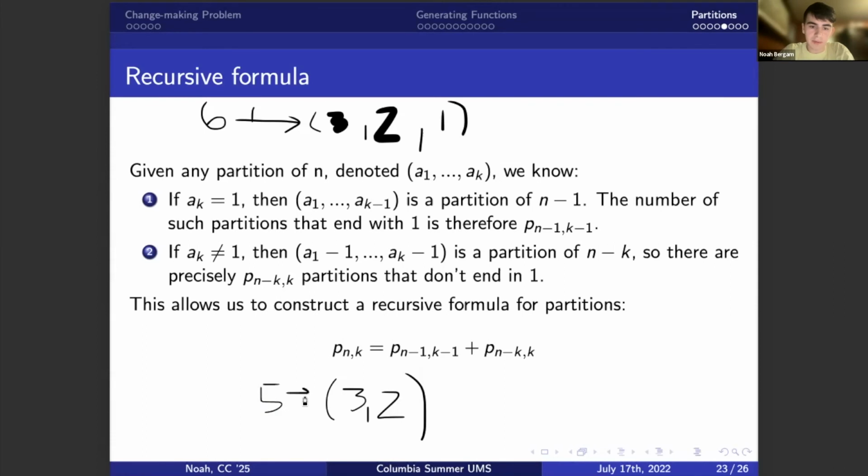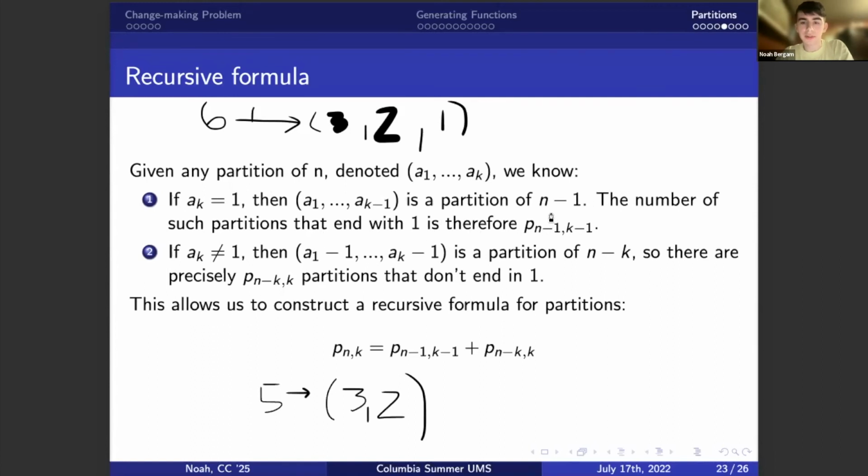And this should seem like a pretty simple thing if you look at the concrete example and even in the abstract. What's important is that we can do this for any partition that ends with 1.